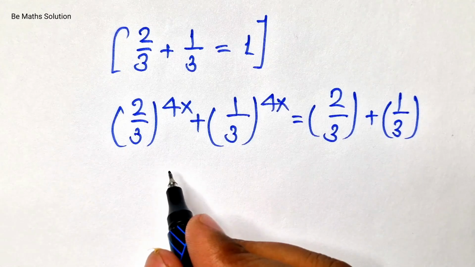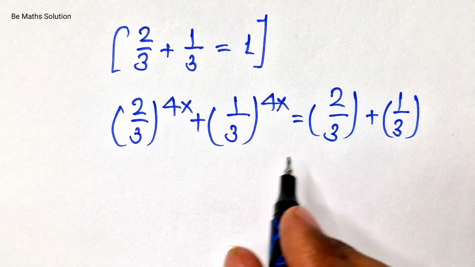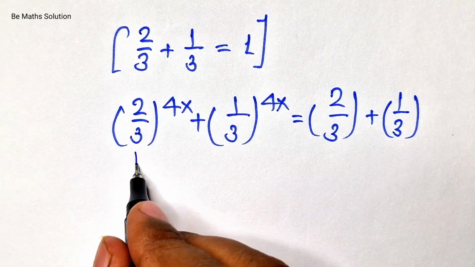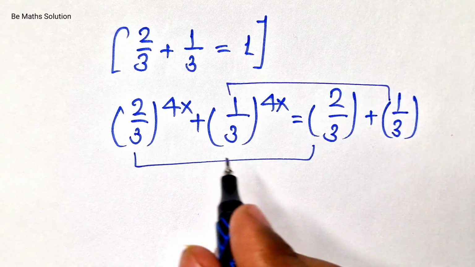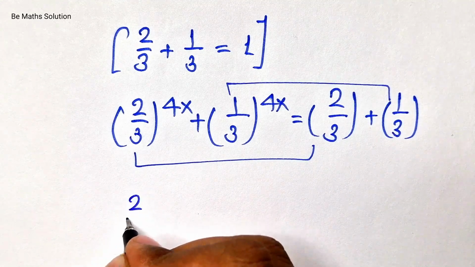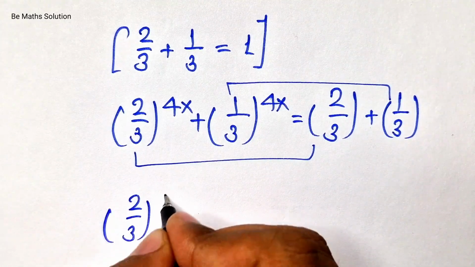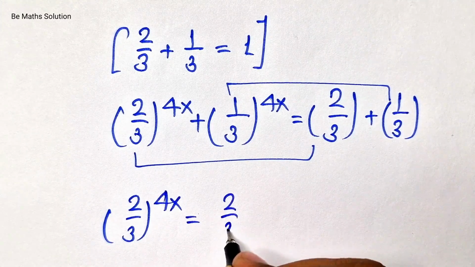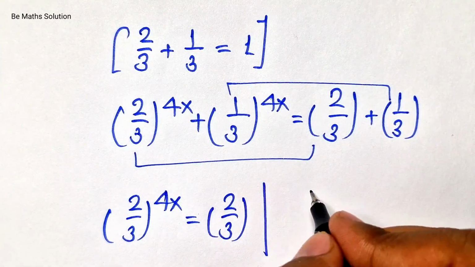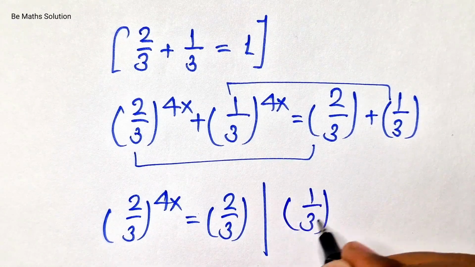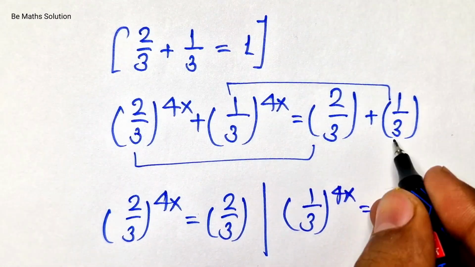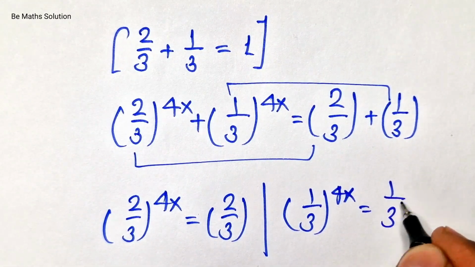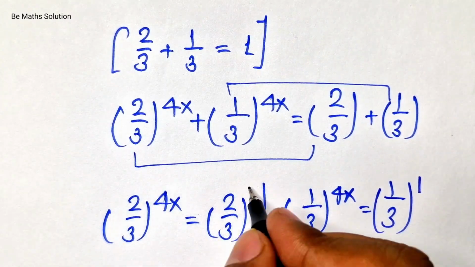Comparing both sides, (2 over 3) whole power 4x is equal to 2 over 3, and (1 over 3) whole power 4x is equal to (1 over 3) whole power 1.